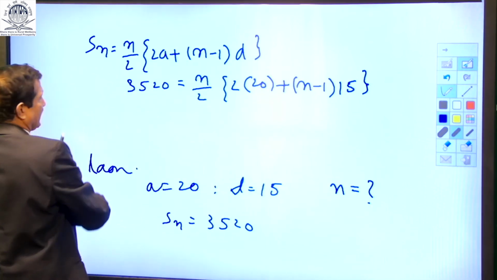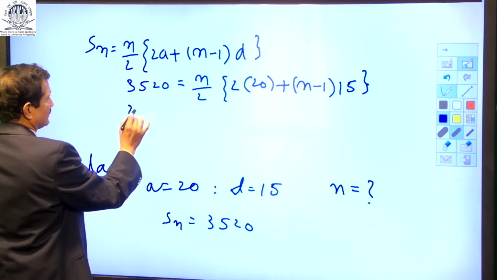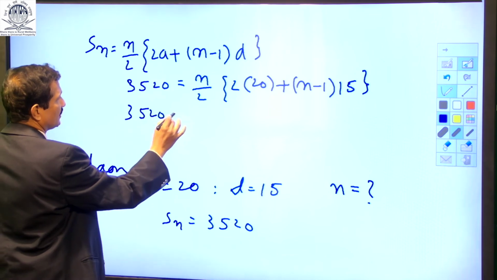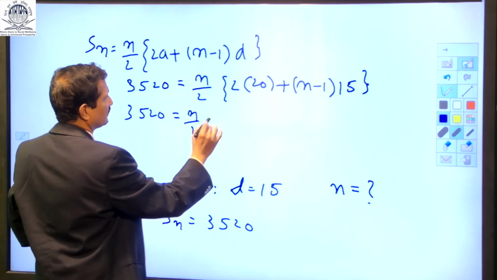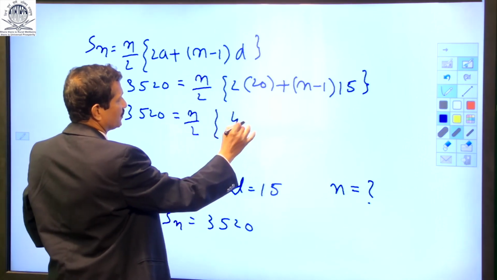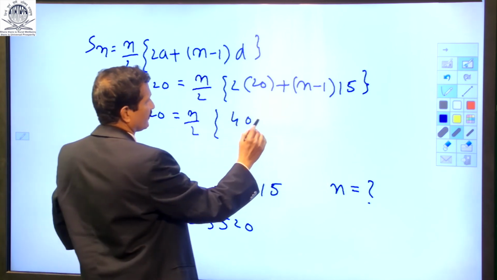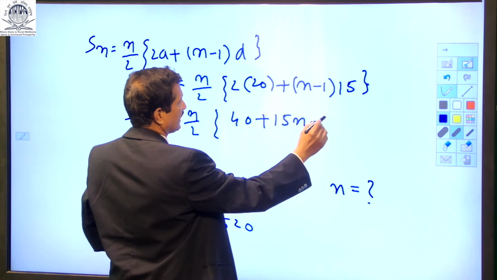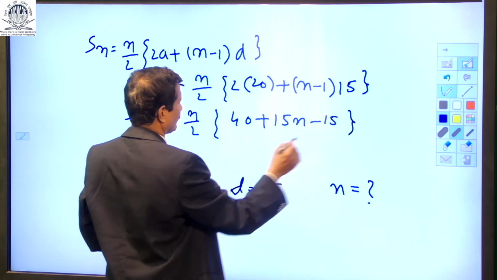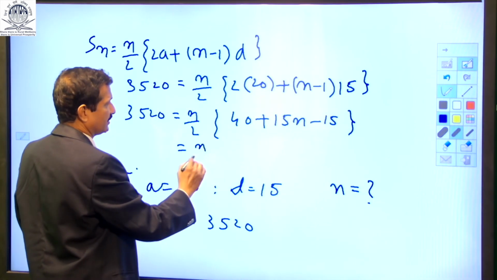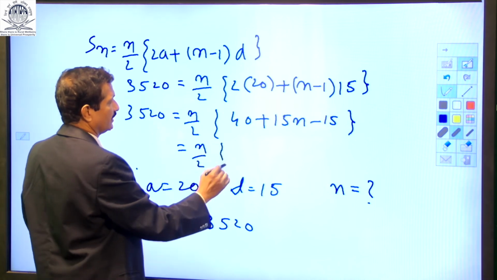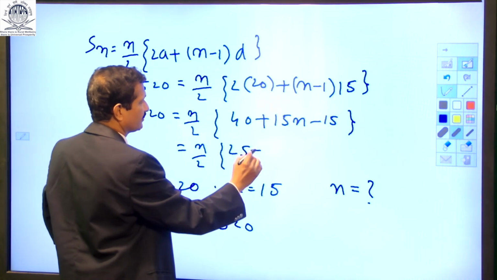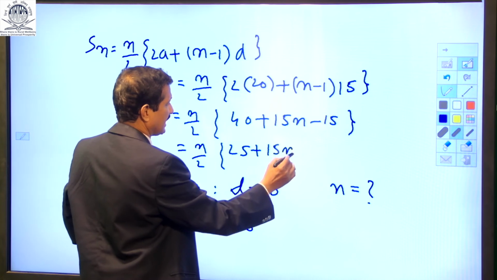Now solving for n, 3520 is equal to n by 2 into 2 into 20, which is 40, plus 15n minus 15, or n by 2 into 25 plus 15n.